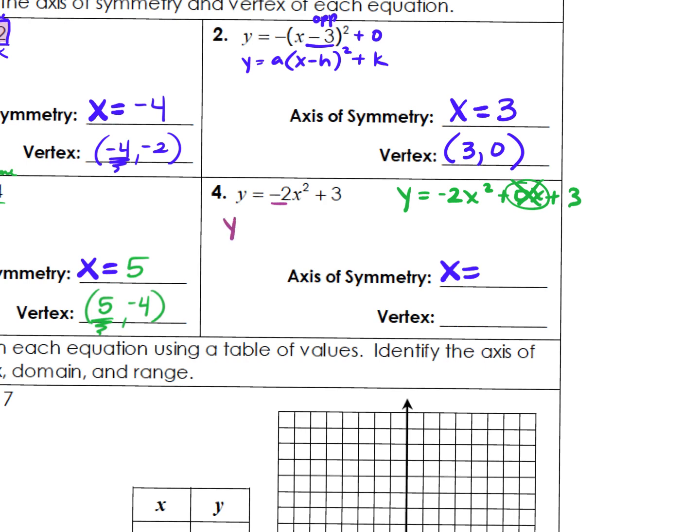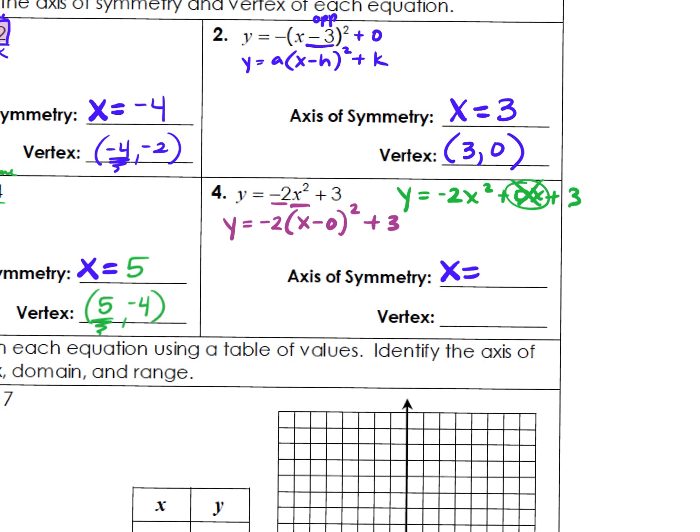What happens is it's kind of like this. Y equals negative 2 times x minus something squared. What would that something be? If it's just going to be x squared, I have to subtract 0, right? And then plus 3. So if we're going to look at it in vertex form, it would look like this.